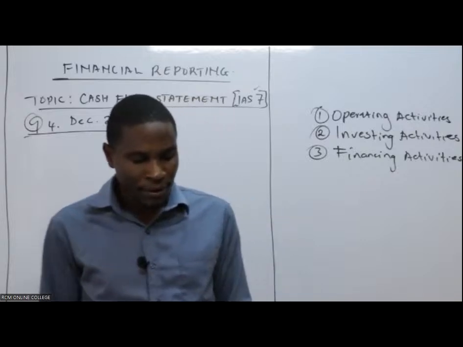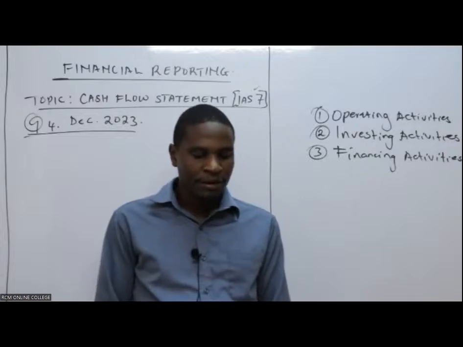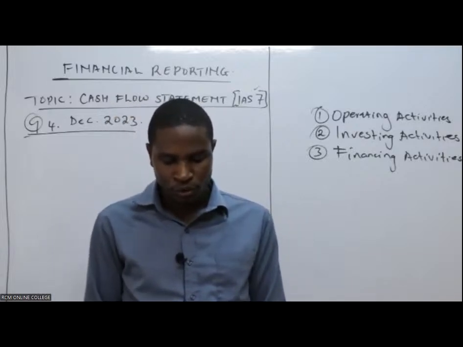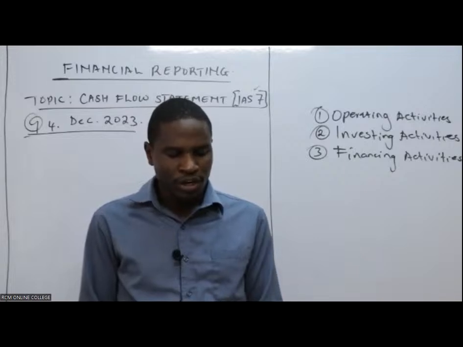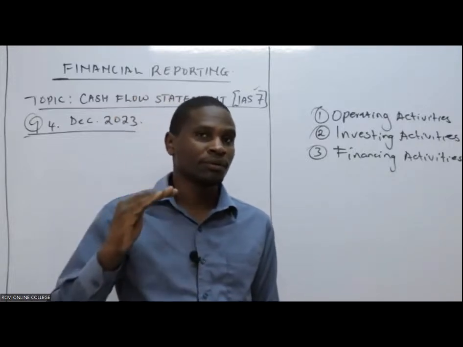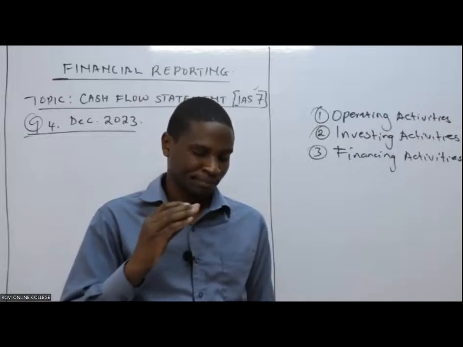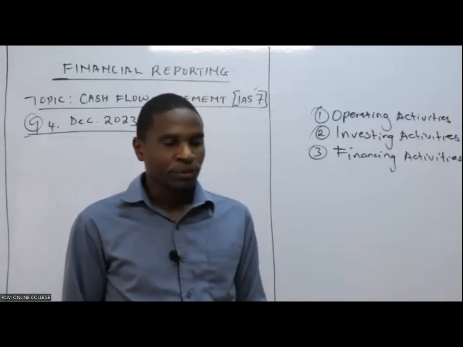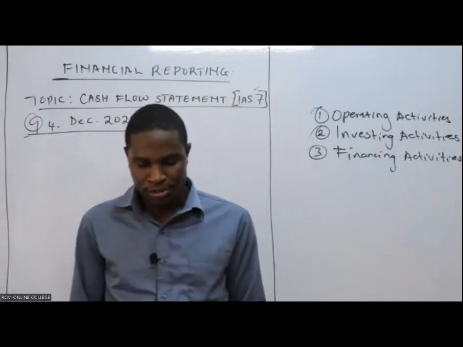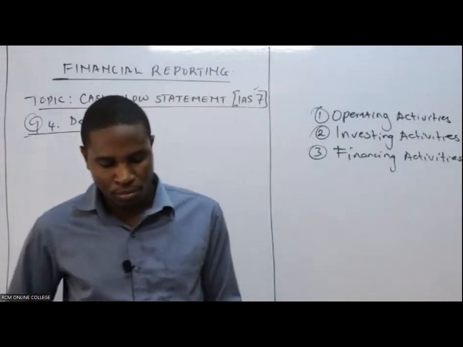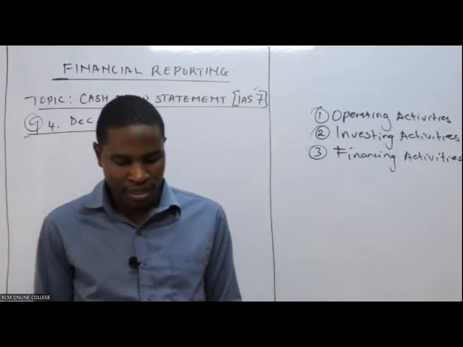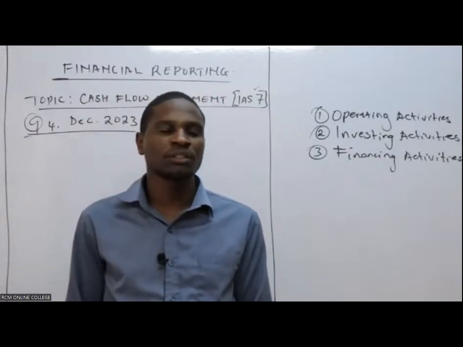The company repaid some borrowings which had matured during the year and issued new loans amounting to 3 million. You are required to prepare a statement of cash flow for Bundo Limited for the year ended 31st October 2023 using the indirect method in accordance with the requirements of International Accounting Standard 7.